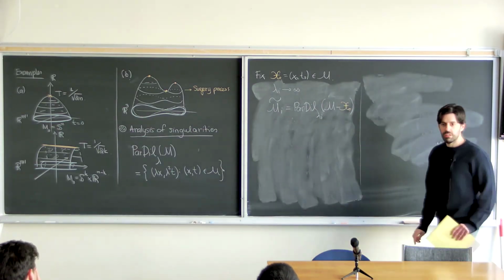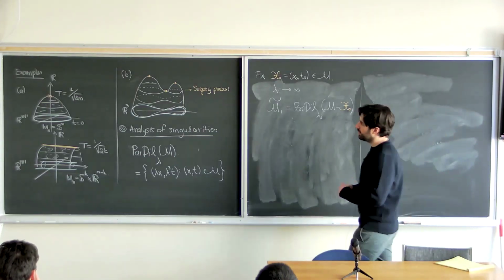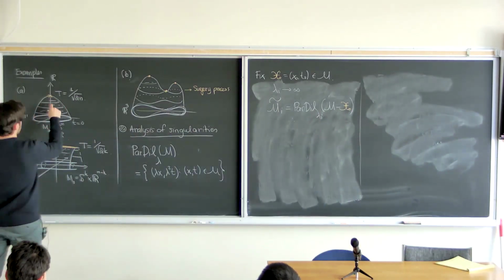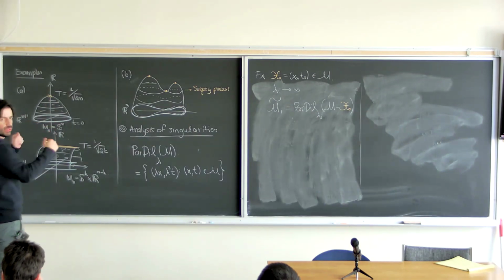This is a space-time track for a mean curvature flow. For example, here, you'd be bringing this back down here, and you would keep rescaling.